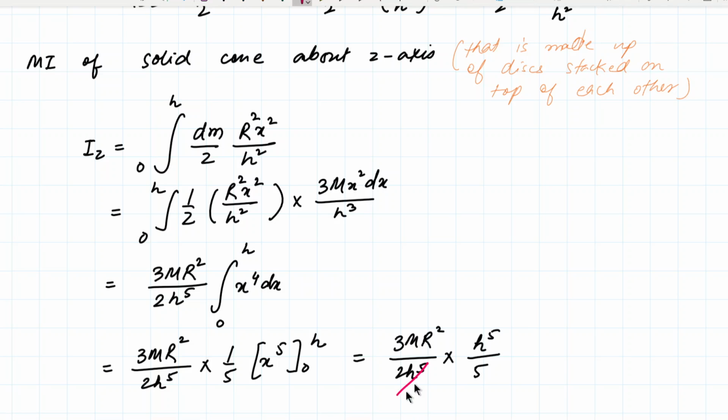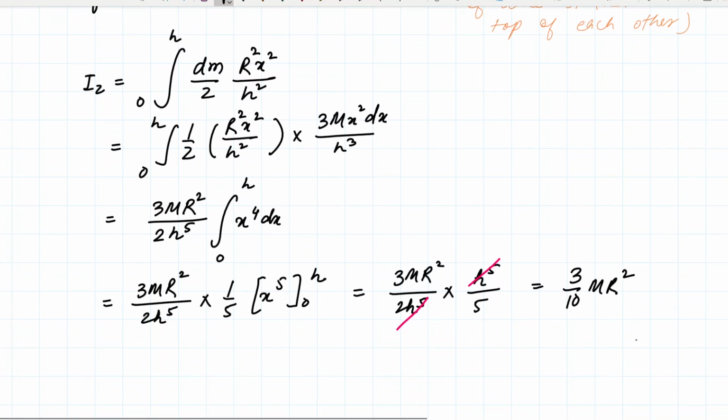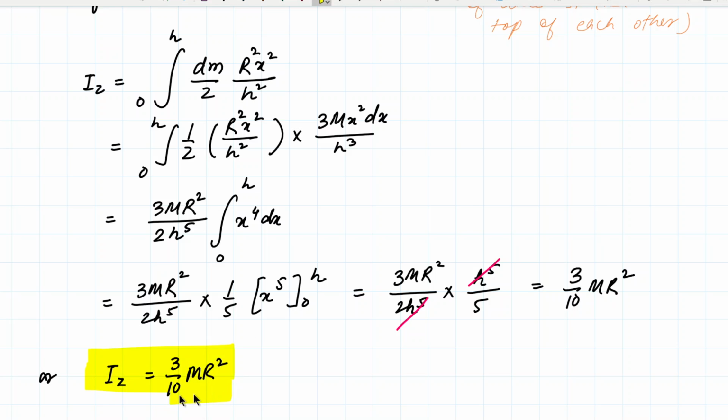So h to the power 5 gets cancelled and you end up getting 3 upon 10 M R square. That is all. This is the moment of inertia of a solid cone with respect to an axis perpendicular to its base and passing through its geometrical axis. This is your answer, as simple as that.